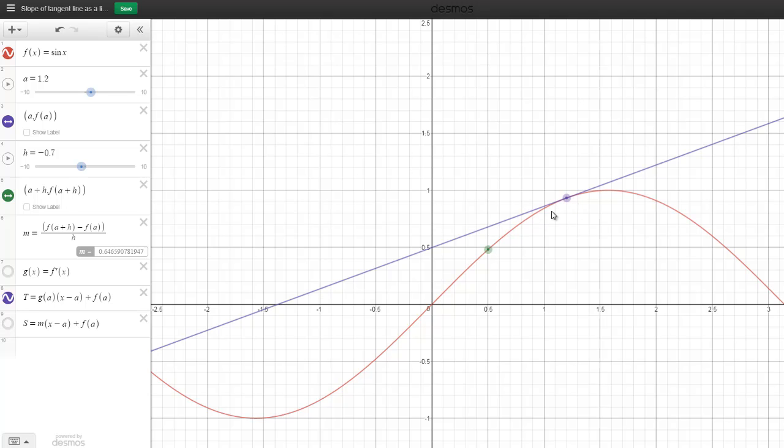So right now what we are concerned with is the tangent line at this purple point. We have the red curve, that's sine of x, and we have this purple line, that's the tangent line. Now, we don't know how to find that specifically just yet, but here is what we're doing.